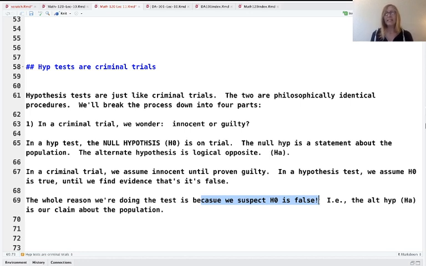In a hypothesis test, we assume that the null hypothesis is true, but we're actually looking to support the alternate hypothesis, HA. That's the thing that we're claiming about this population. That distinction might seem kind of weird at first, but we'll look at some examples and I know it'll become clearer for you, so hang in there. Okay, step 2.